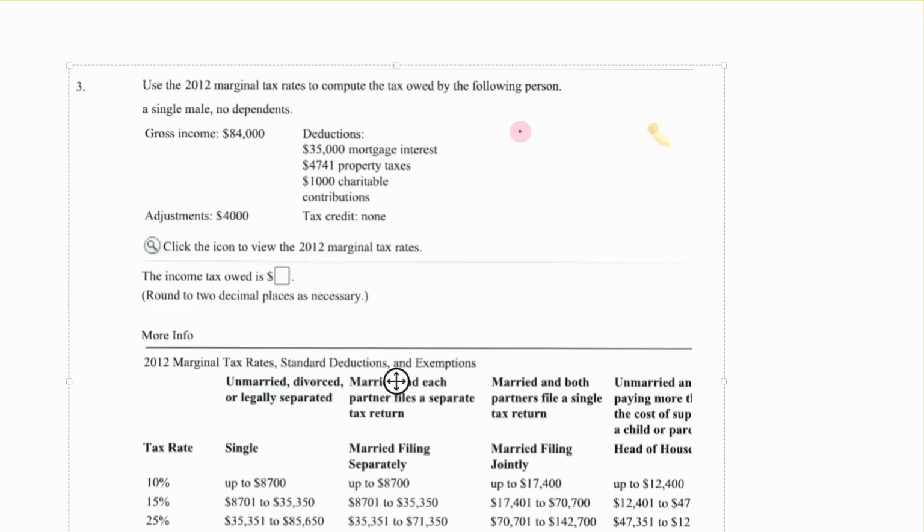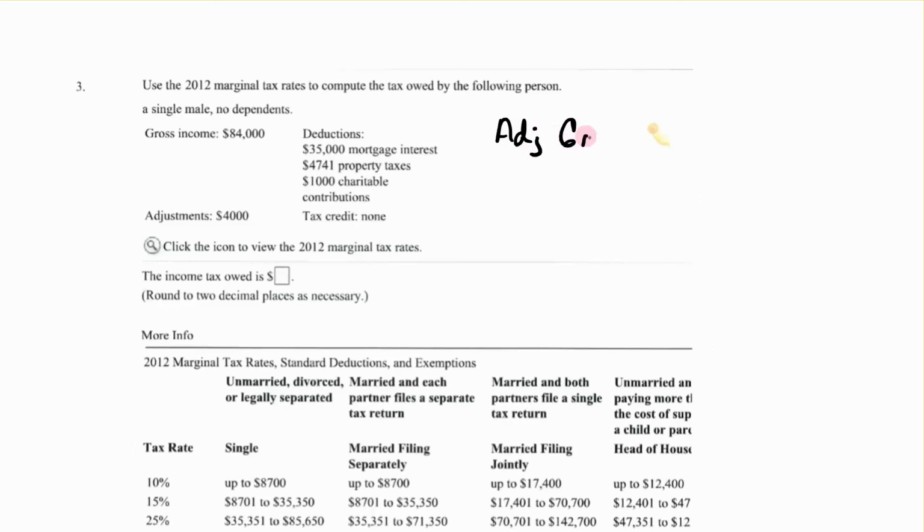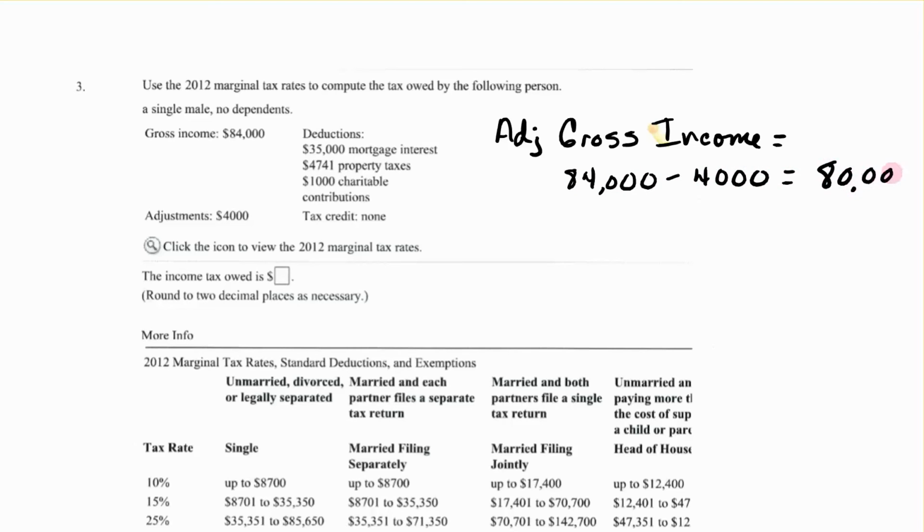We already have the gross. Let's look at the adjusted gross income. It is 84,000 minus the adjustment 4,000. It's 80,000. Okay, now we're not taxed on that completely.